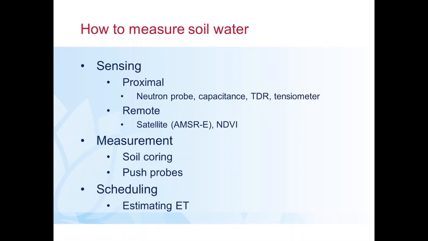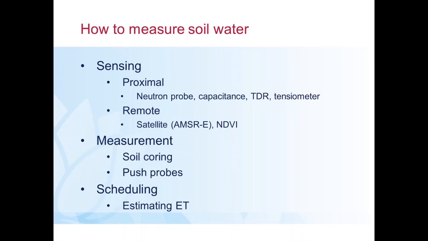Soil water can be envisioned or conceptualized as a bucket, and as you go from the wet end of that, as the bucket falls and it dries out, that's really the best way of conceptualizing soil water.